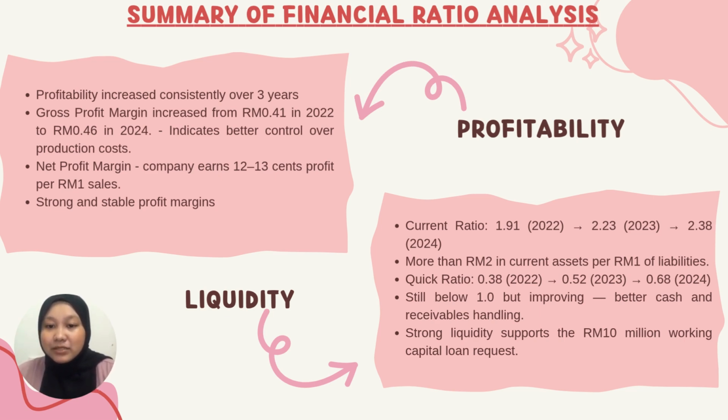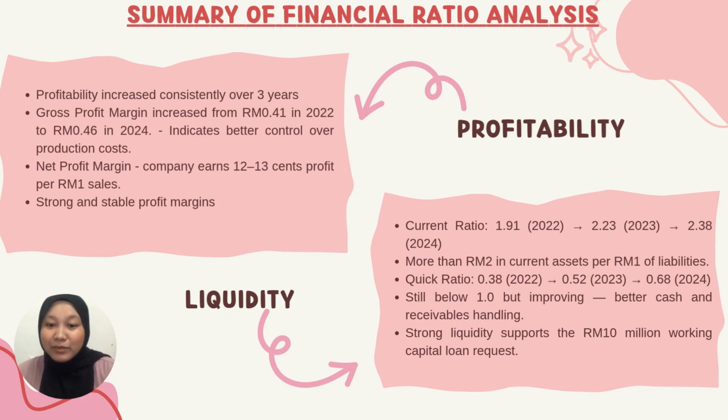Over the past 3 years, Mr. DIY has shown a consistent increase in both gross and net profit margins. The gross profit margin rose from RM 0.41 in 2022 to RM 0.46 in 2024. This shows a strong cost control.